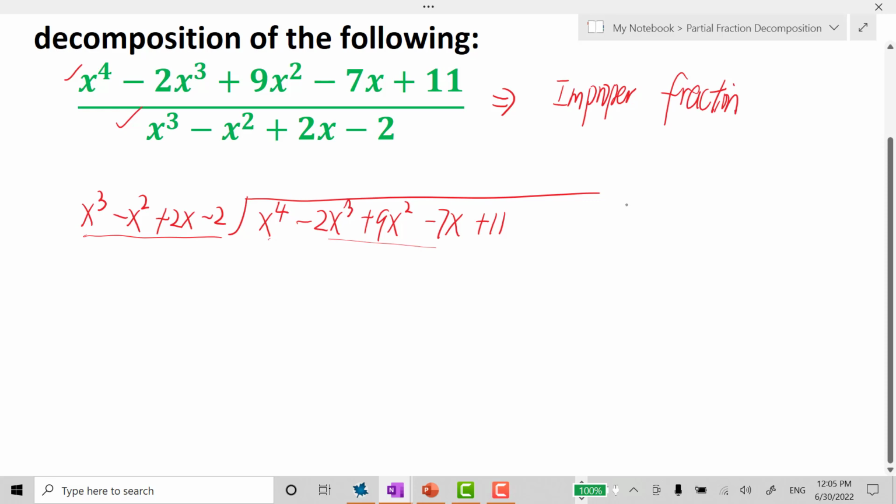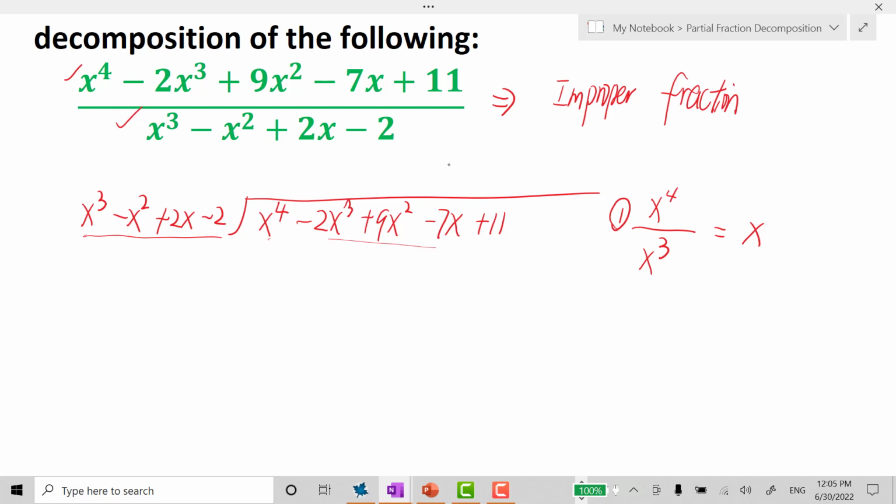And then the standard procedure when you perform a long division: using the leading term from the dividend, x to the 4th, divided by the leading term from the divisor, x cubed. The quotient is x, and we put this term on top.